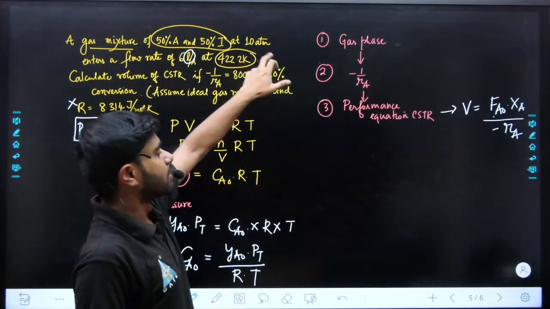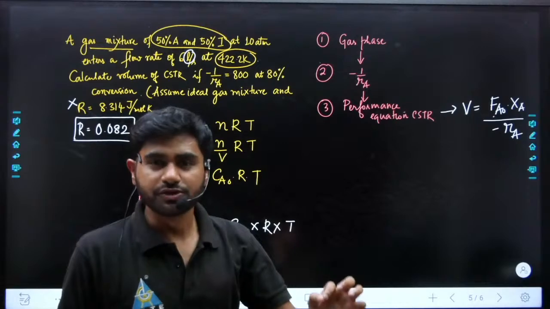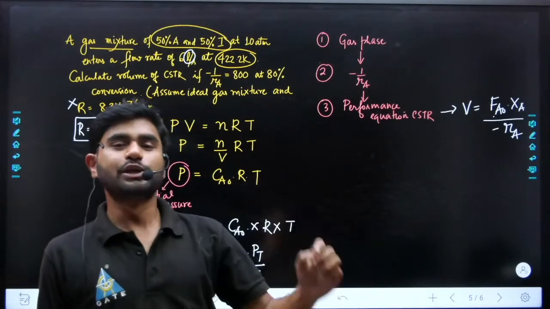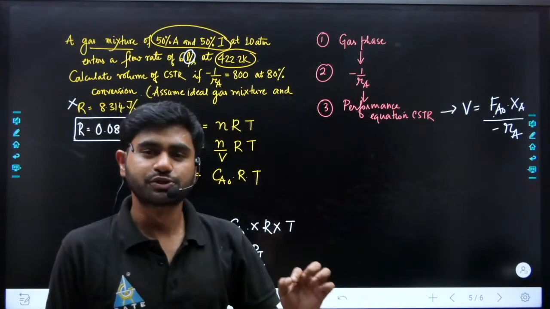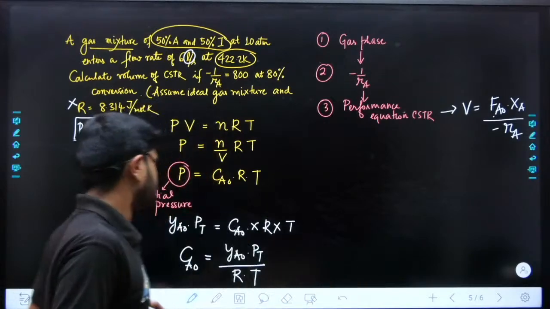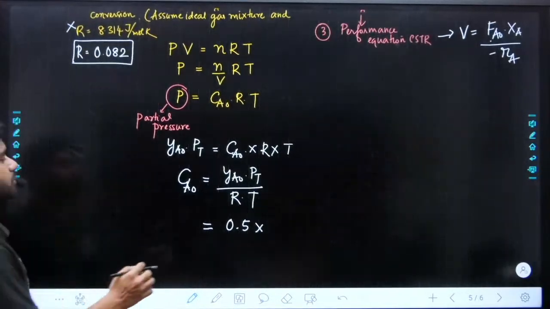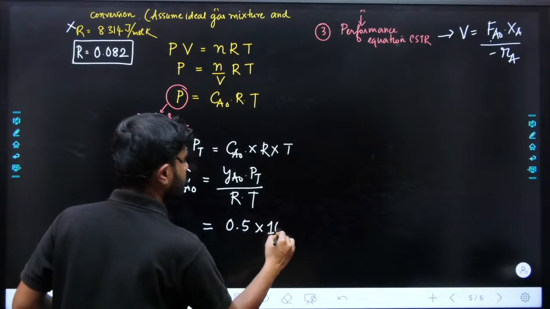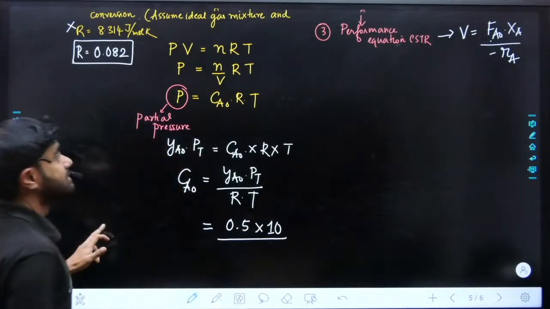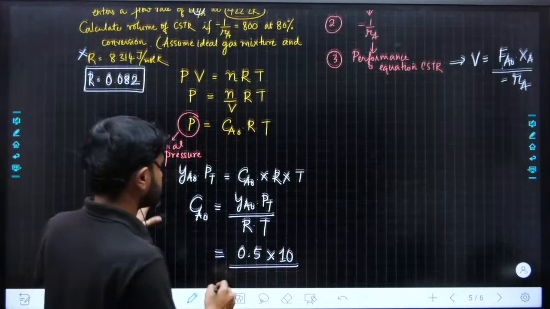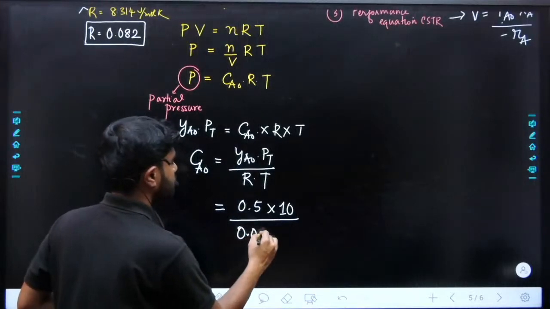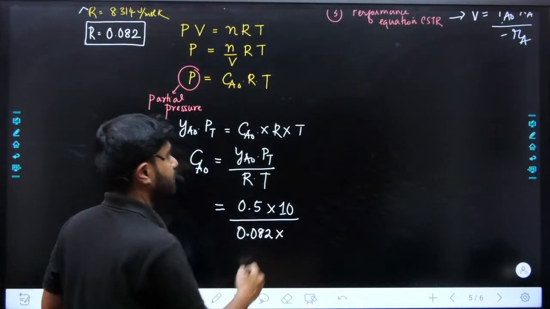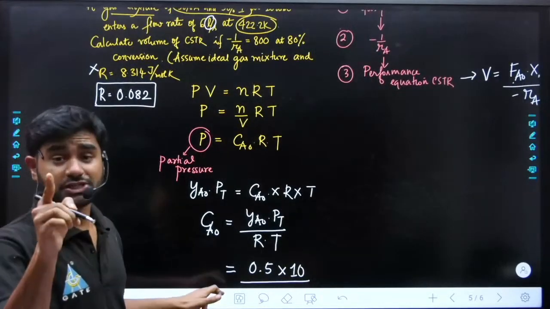Please remember, if the units are in atmosphere and liters, then only you have R equal to 0.082. So put the values here: 10 atmospheres, then R is 0.082, multiplied by temperature, and the temperature has to be in Kelvin.